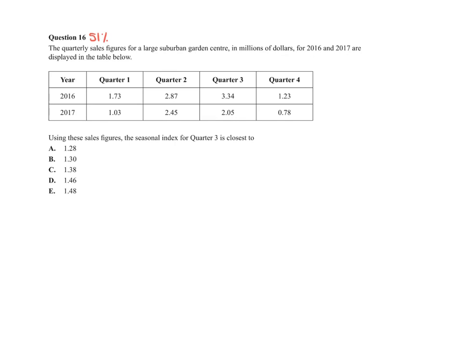So if you look at this question here, they've given you the actual sales for the 2 years, and they want me to find the seasonal index for quarter 3. So that means you have to find the seasonal index for both quarter 3s, and then average them out.